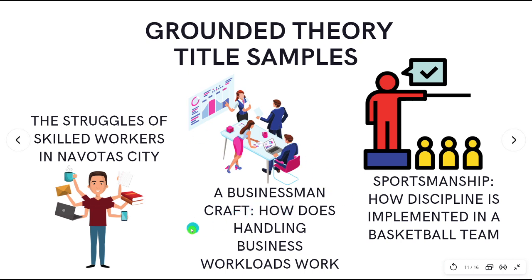A businessman's craft: how does handling business workloads work? Sportsmanship: how discipline is implemented in a basketball team. So, problem related siya. One, may problema ng mga skilled worker. Next, problema kung paano i-handle yung workload sa negosyo. Pangatlo, paano didisiplinahin yung basketball team. So, it's more on, ang focus niya ay problem.